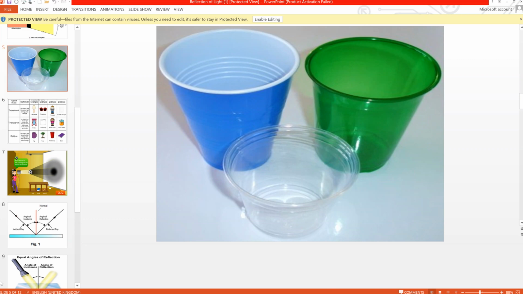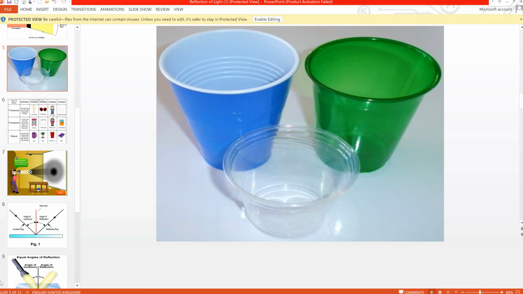So can you tell me some examples for transparent objects? Ma'am, glass. Ma'am, this course book sheet. Children, just your voice. Fresh water, ma'am. Fresh water is an example of a transparent object.